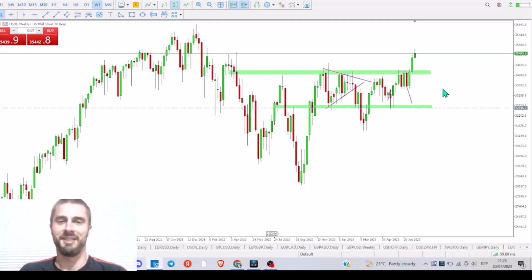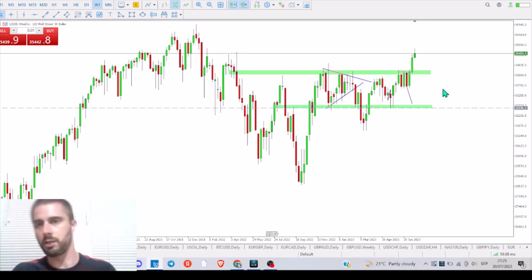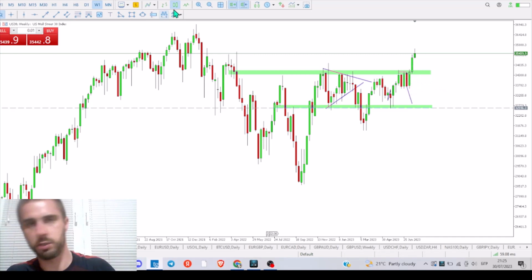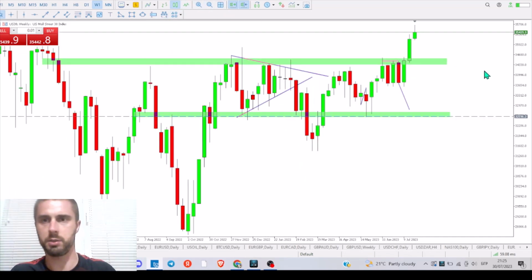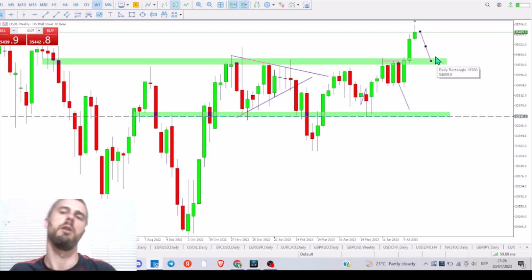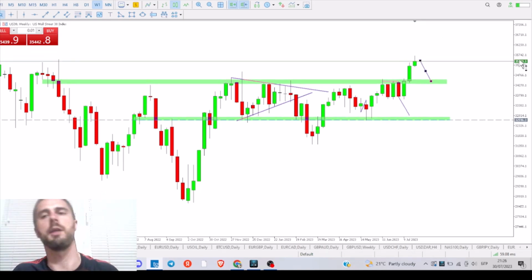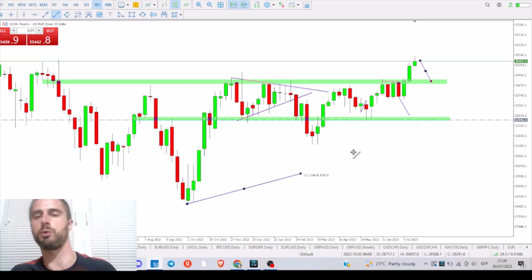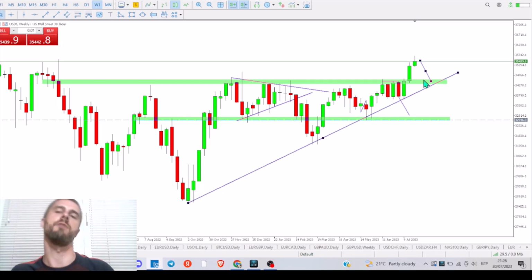So this is the US 30. We have broken this very important resistance, and now we wait for the pullback. If price makes a pullback to this resistance, the institutional traders and all other kinds of traders will be very interested to buy this pair, because we also have the trend line here. Everything is matching up.